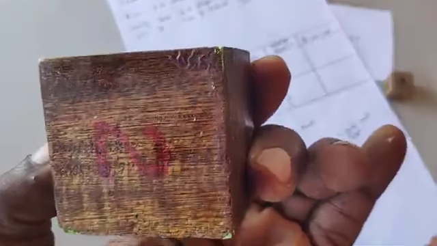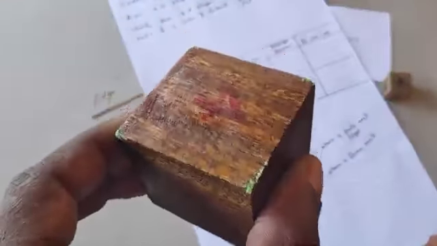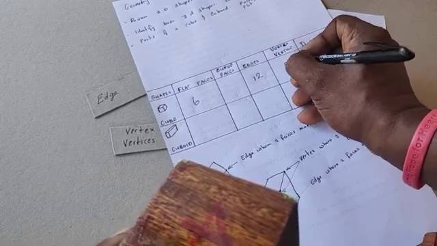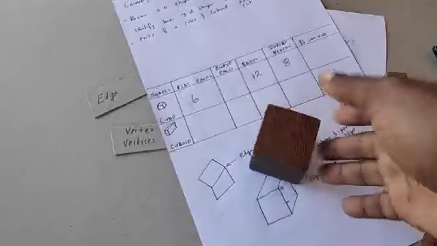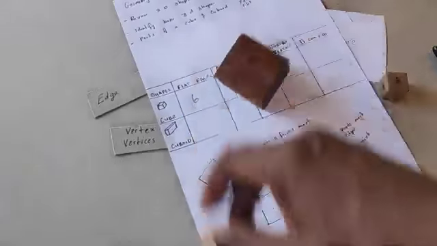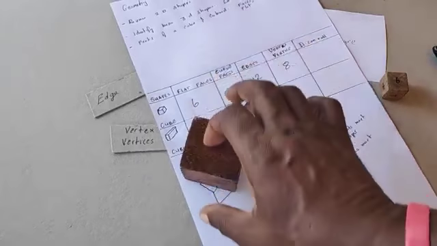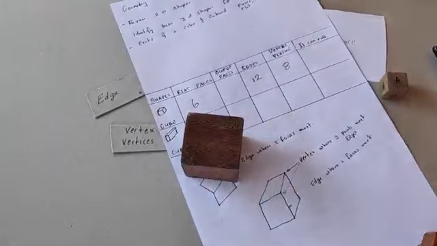Did we mark all? So it has how many? 8 vertices. Now, the question asks, can a square roll? Let's try. No. It can't roll because it doesn't have any curved surfaces.